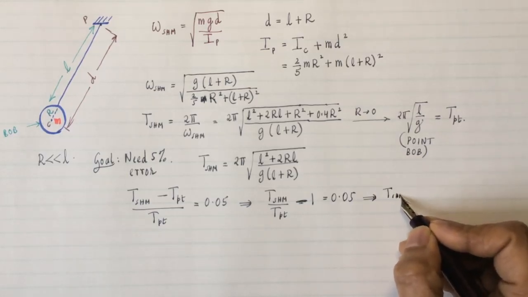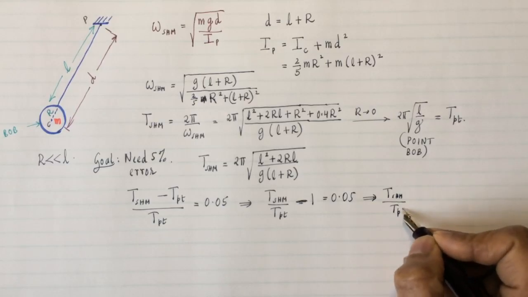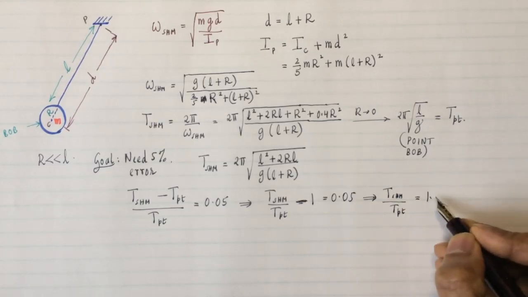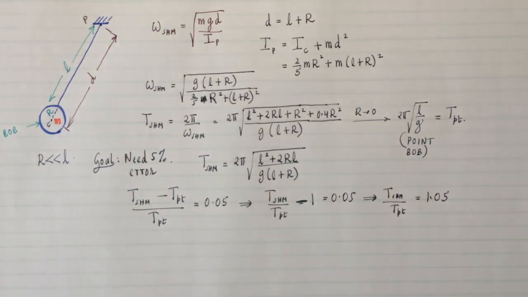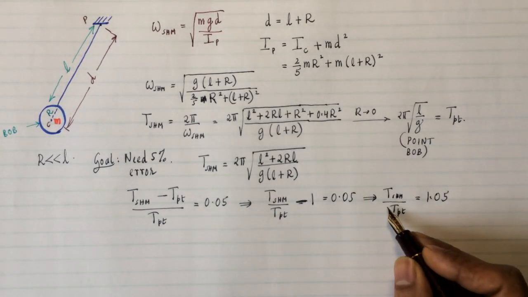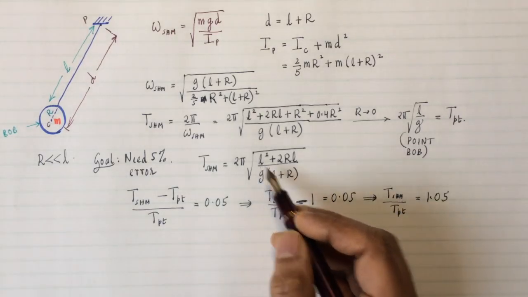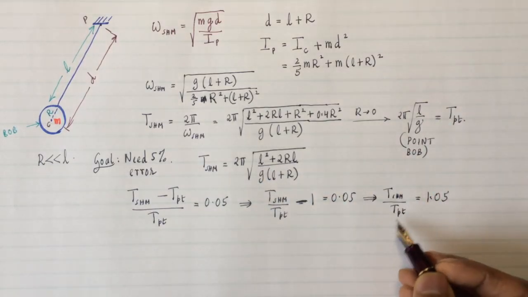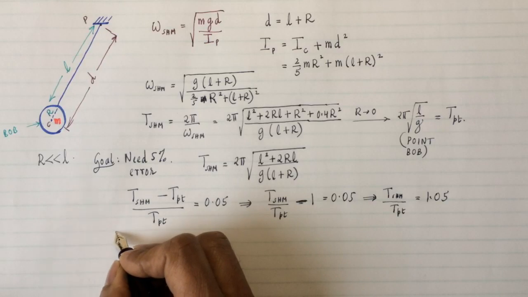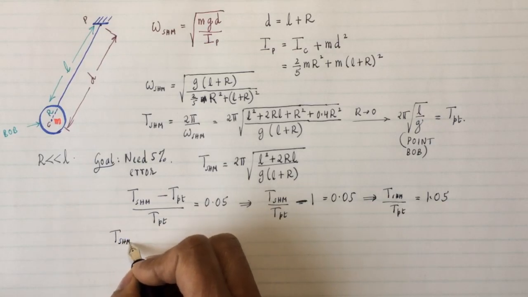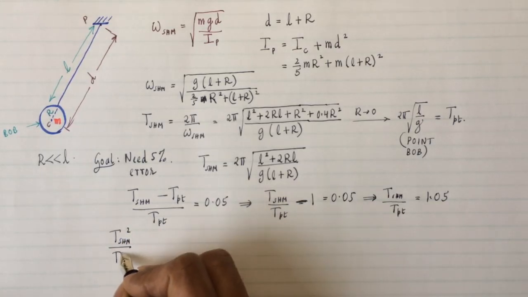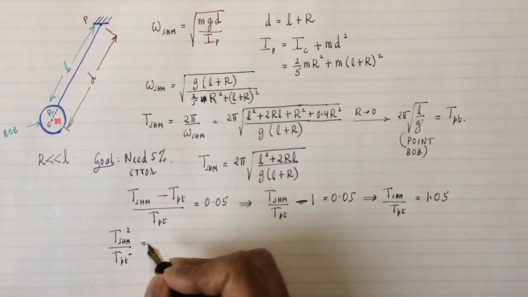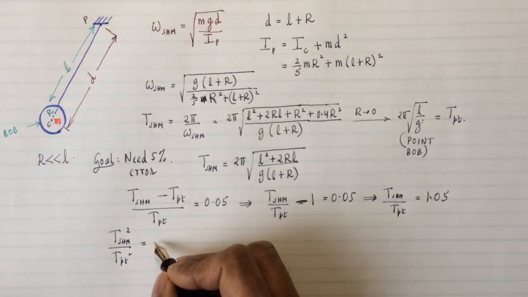So I get T simple harmonic over T point equals 1.05. Let me square this, because I notice all these square roots, so I don't want those square roots. I'm going to square that. So I'll get T simple harmonic squared over T point squared equals 1.05 squared.